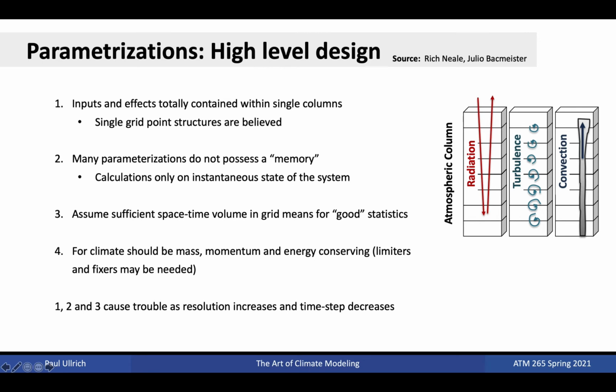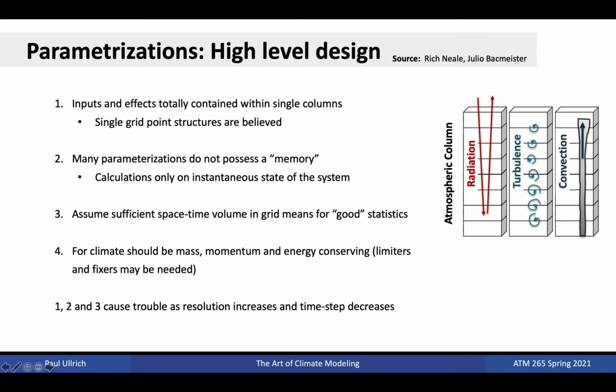Third, most parameterizations assume that the spatial and temporal scales are sufficiently large that the flow within a grid box can be modeled statistically. In the case of the turbulence parameterization, this means assuming eddies are far smaller than the grid scale. In the case of the convection parameterization, this means assuming the grid cell is big enough to have multiple convective plumes and associated subsidence regions.